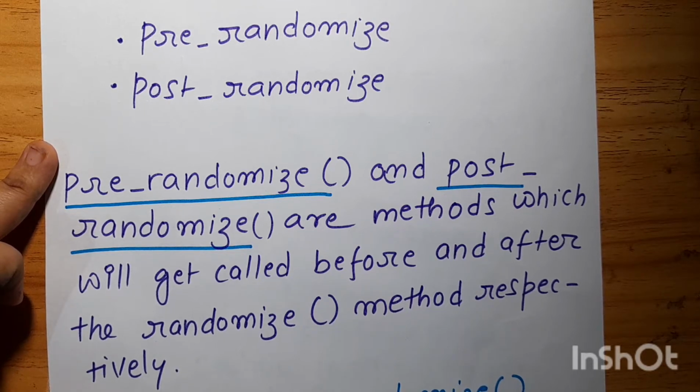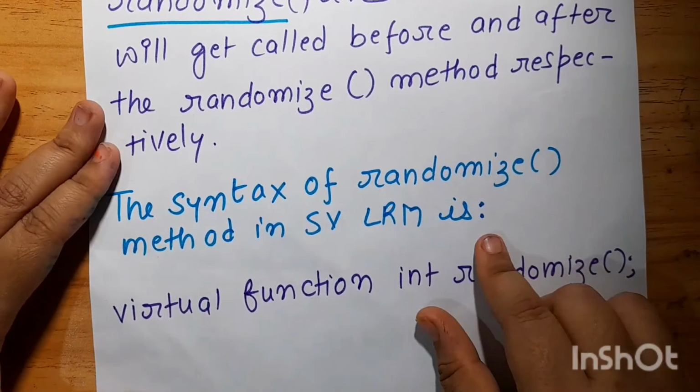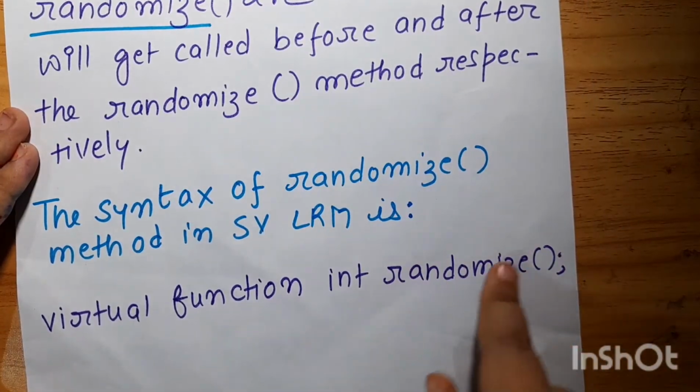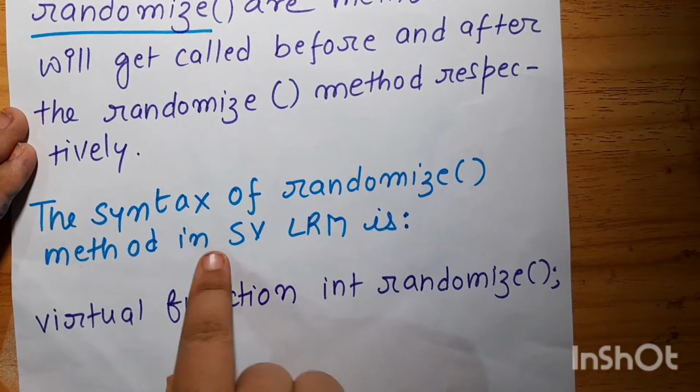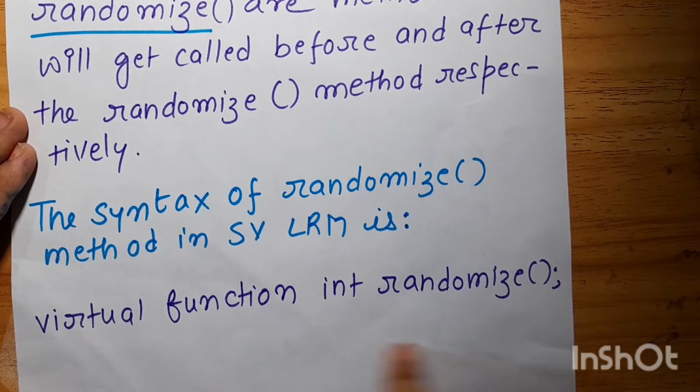We need not call them explicitly. As I said, this randomize function is available in the SystemVerilog LRM, and this is the syntax of the randomize method.